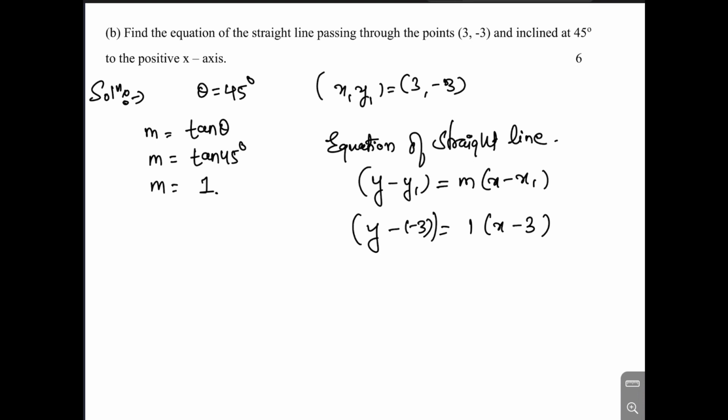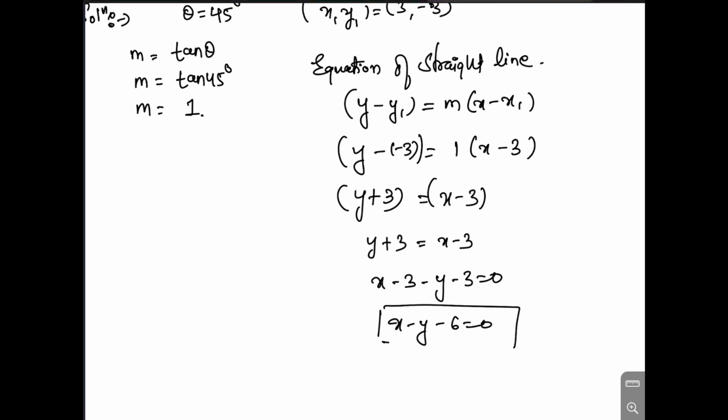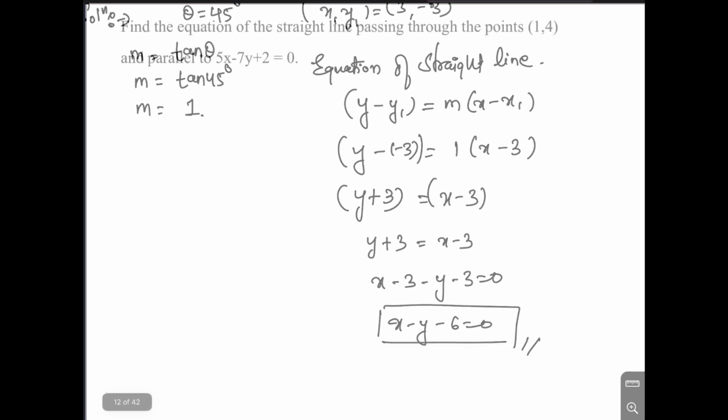Now let's try to simplify here. y plus 3, minus into minus plus, so here x minus 3. Now let's open the brackets and simplify further. So after simplification we'll get y plus 3 equals to x minus 3, I can say. So x minus 3 minus y minus 3 equals to 0 here. So x minus y minus 6 equals to 0. So this is our final equation.